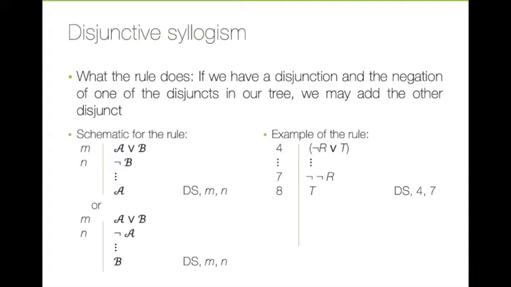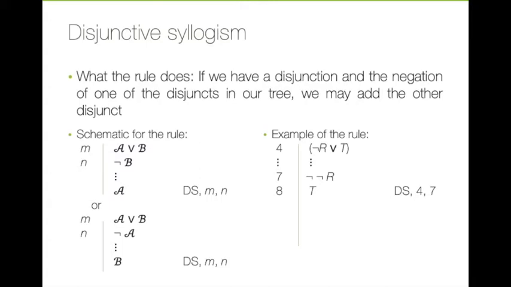So here we add A. And if we have A or B and the negation of the other disjunct, so we have not A, we can add B to a new line of the proof. And this is justified by disjunctive syllogism and the line on which the disjunction appears, M, and the line on which the negated disjunct appears, N.